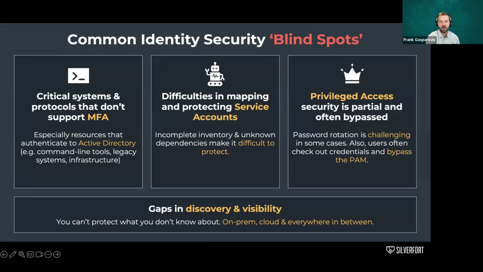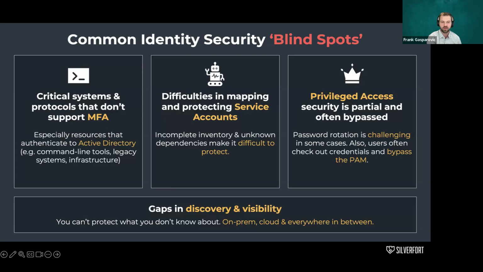What are some of the common identity security blind spots in regards to service accounts? In almost every company that we talk to, there are critical assets that just can't be effectively protected with traditional identity security controls like MFA. These are legacy systems, command line interfaces, remote PowerShell, IT and OT infrastructure, file shares, and many more.